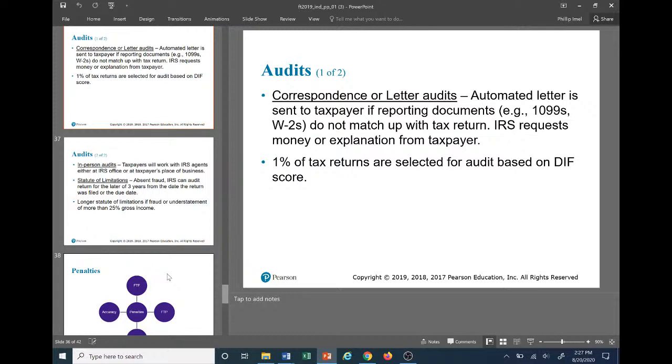Little nuances like that, and similar tax issues, can generally be resolved by correspondence. It's good to note here that 1% of tax returns are selected for audit based on the DIF score. So not a very high percentage there.